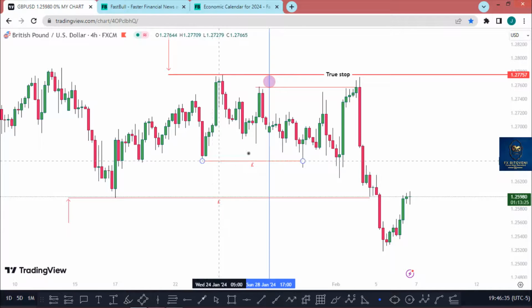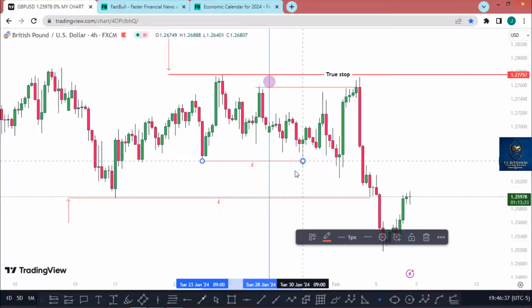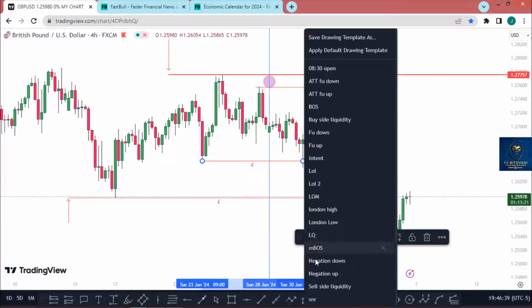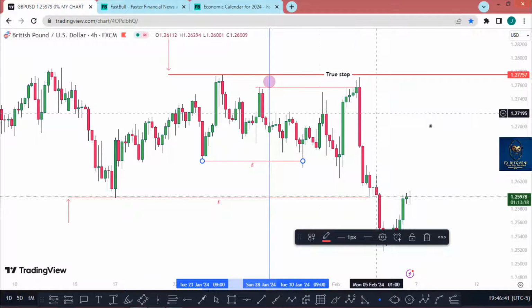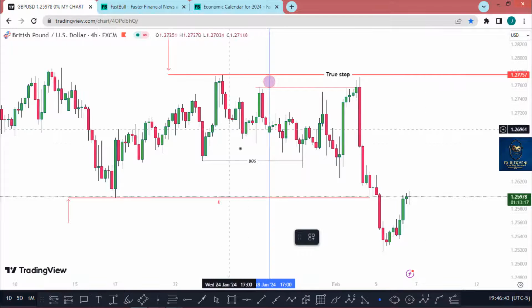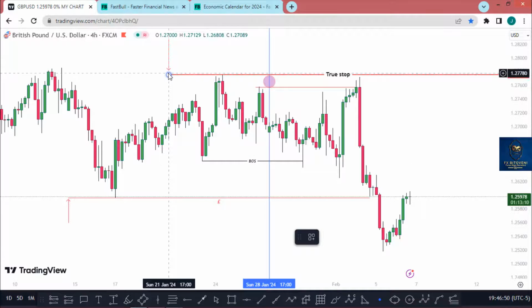So after breaking this level, of course, this is external liquidity being taken. You can mark it as your break of structure. This is your break of structure. Now you have a true range to use. How?